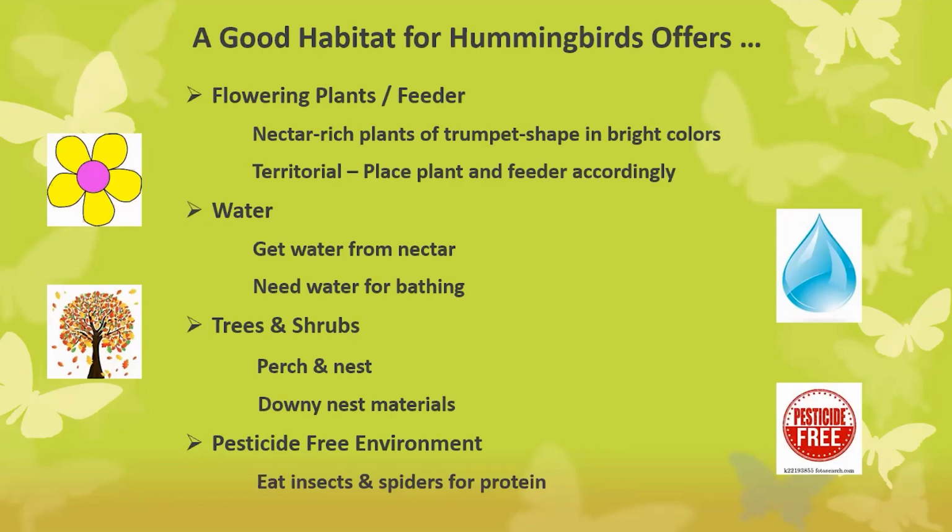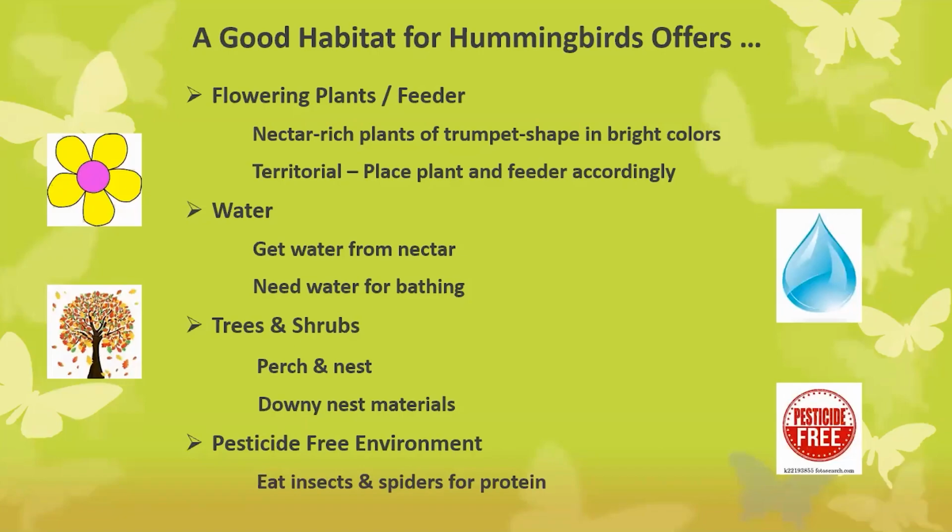And if we have the right trees and shrubs, it affords them places to perch, rest, and to nest. And remember those downy nest materials. A lot of the materials in our garden could potentially be used for construction of their nest.